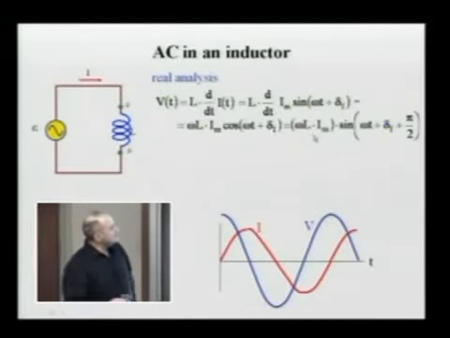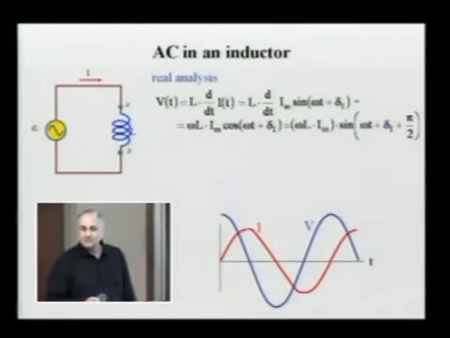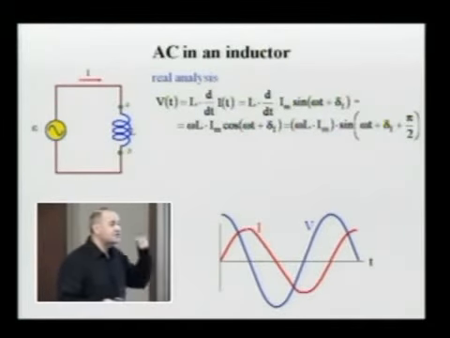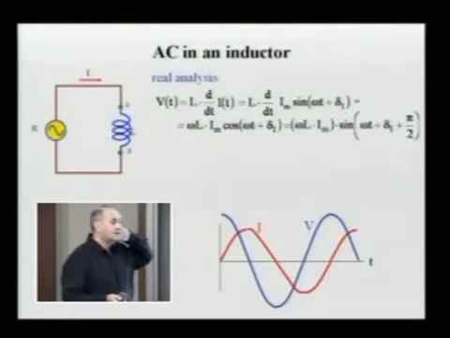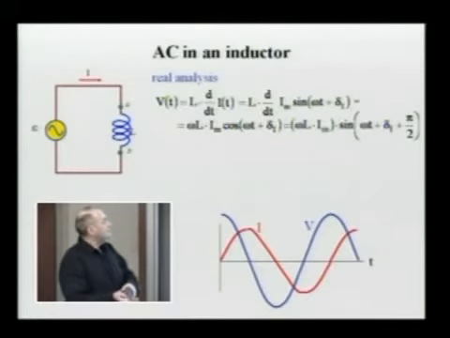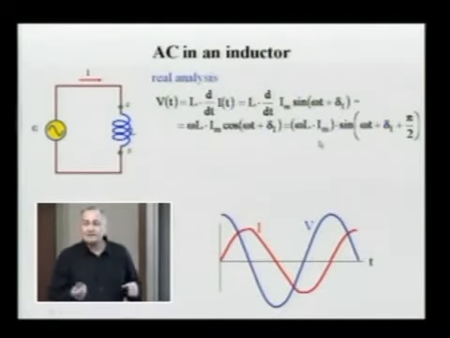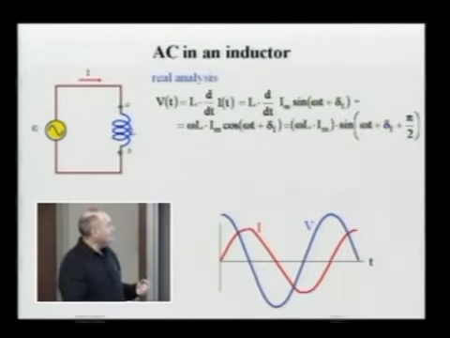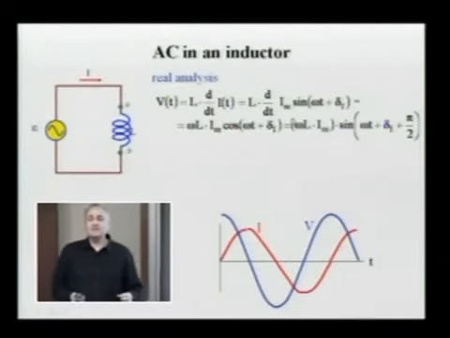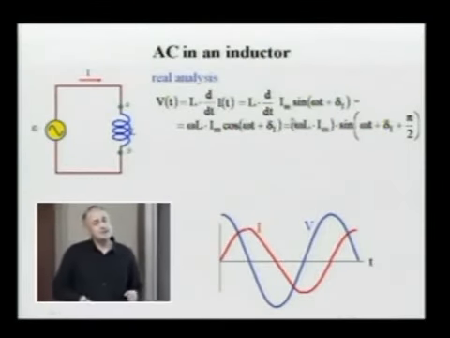So what is impedance of the inductor? How much? Angular frequency, not velocity. Angular frequency multiplied by inductance, correct, because if I divide this expression, which is peak value of the voltage, by the peak value of the current, I will get omega L. So omega L is the impedance of the inductor at frequency omega.